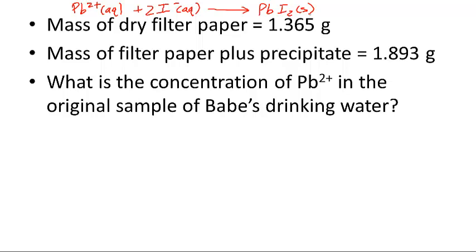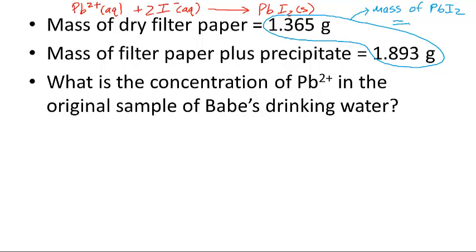So we can use those two to determine what the mass of PbI2 is. How many grams of PbI2 is there? 0.528 grams. All right.